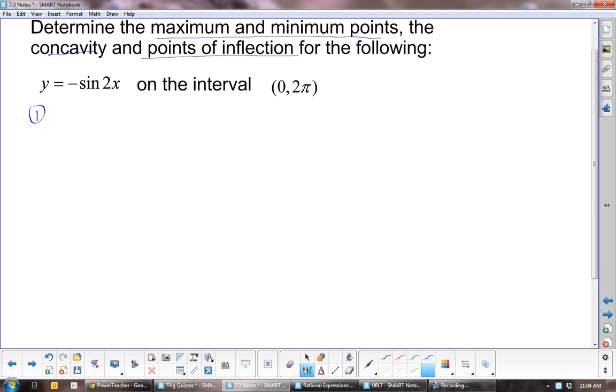Okay, so let's find the max and mins. Let's do first derivative. First derivative would equal sine is cos, so we got negative cos 2x, and then times du over dx is times 2. So this equals negative 2 cos 2x.